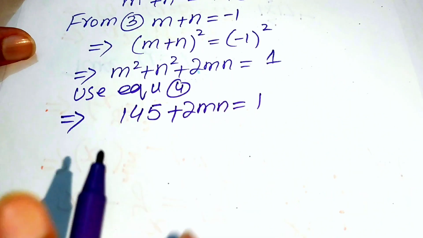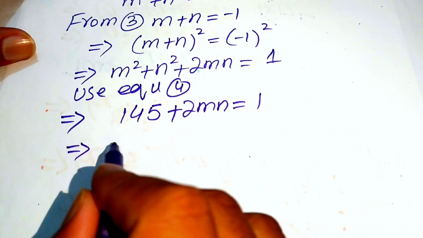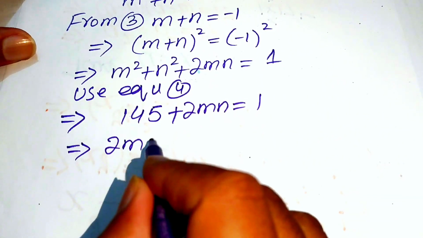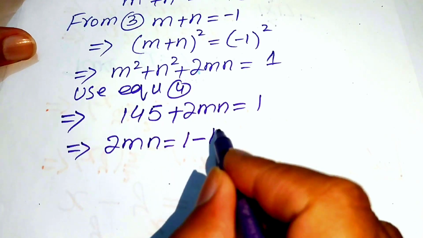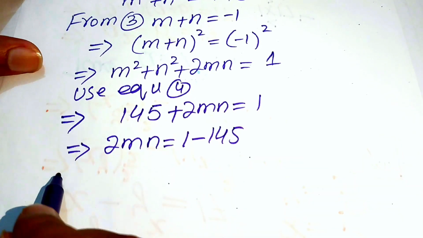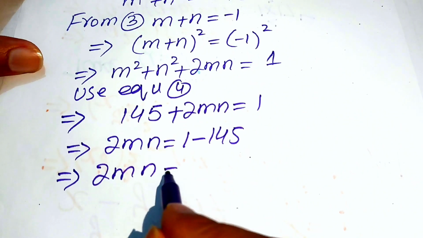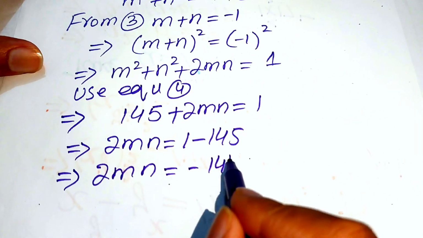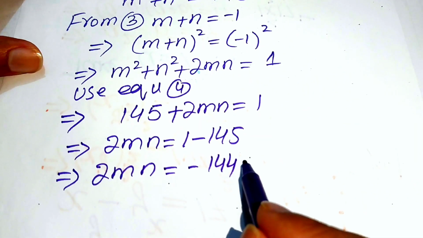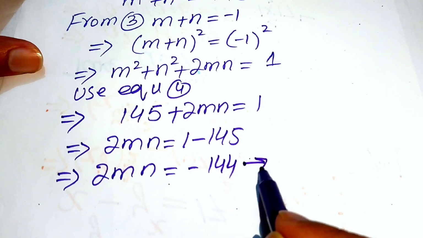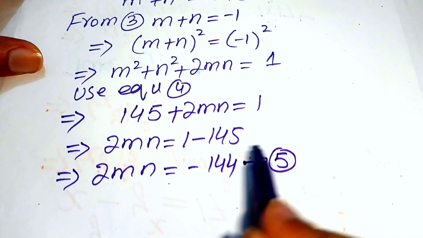Now we move this 145 to the right hand side, and we get 2 times mn equals 1 minus 145. So we get 2 times mn equals minus 144. We call this equation number 5.